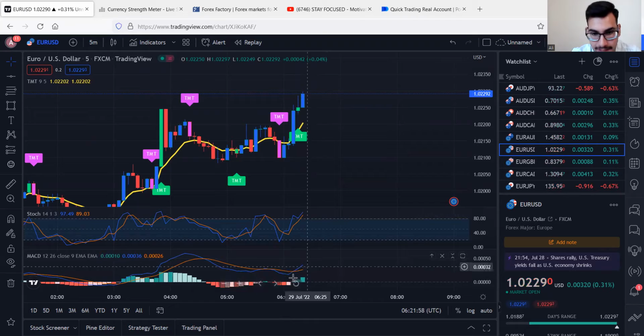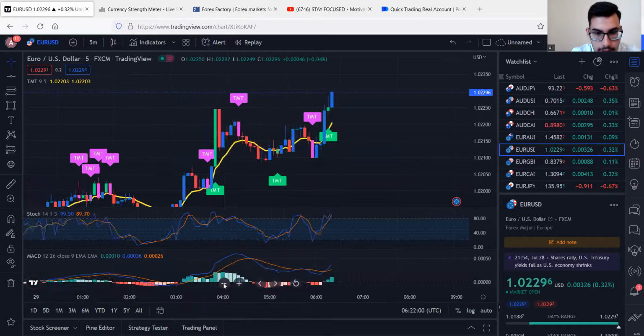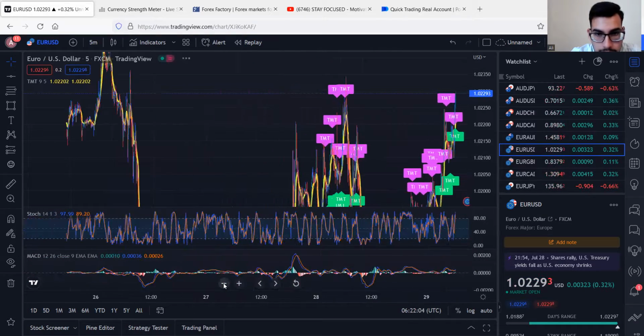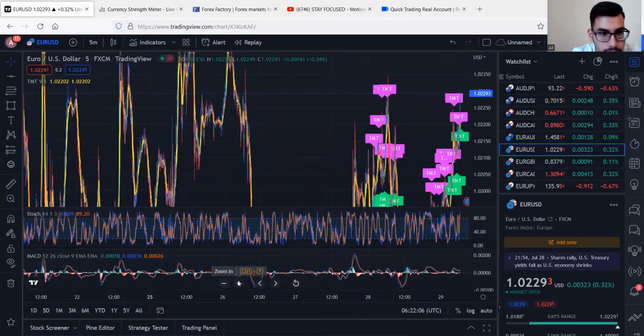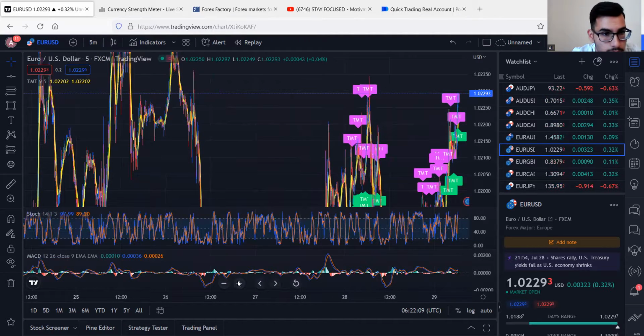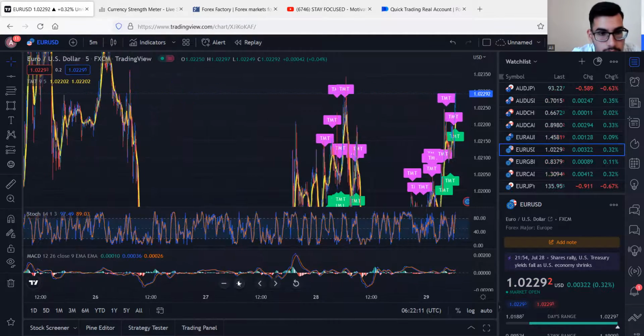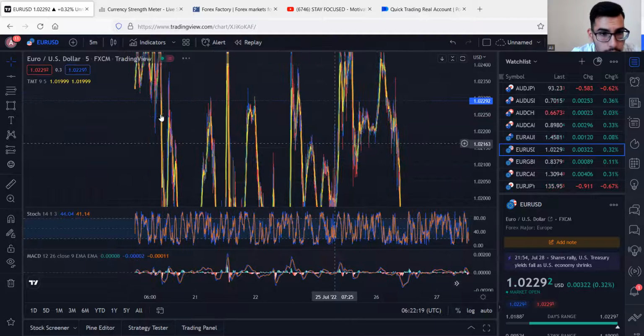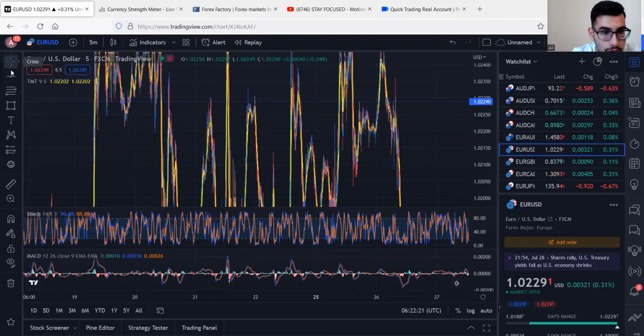Look at this, stochastic is there, MACD is there. Now, let's look at the area where you can reach to. I am seeing a lot of roofs, but not much floors. Okay, there we go. Now I saw a couple of floors here.